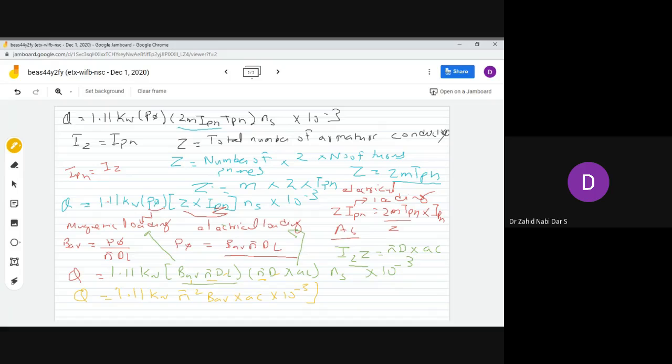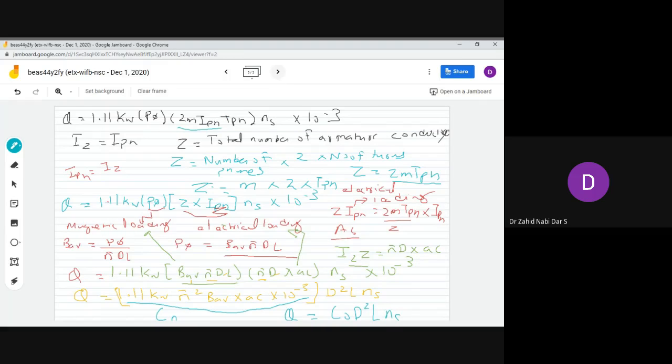What are the other terms that are left? Here, d into d square. The other terms left are L and ns. You already know in the popular literature, what is this term? This is called C naught. So again, you got it in the form of C naught d square L ns.